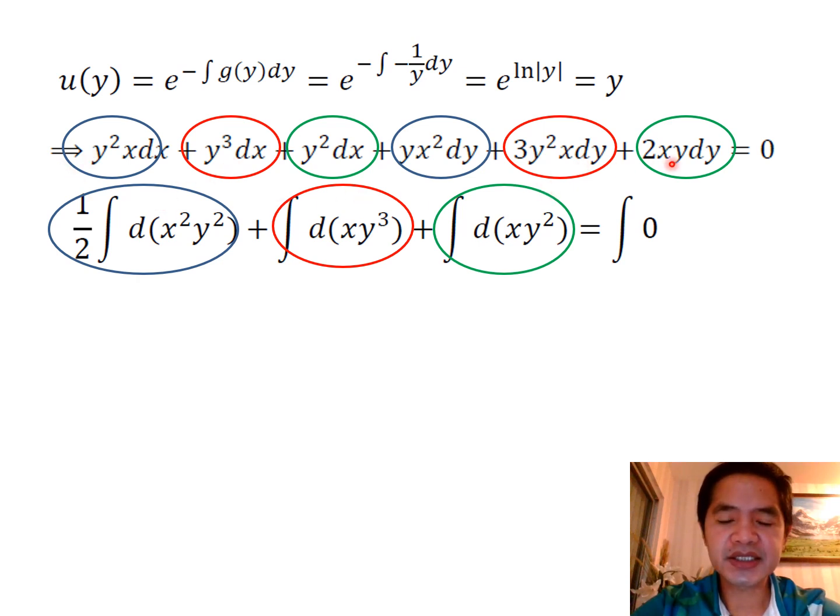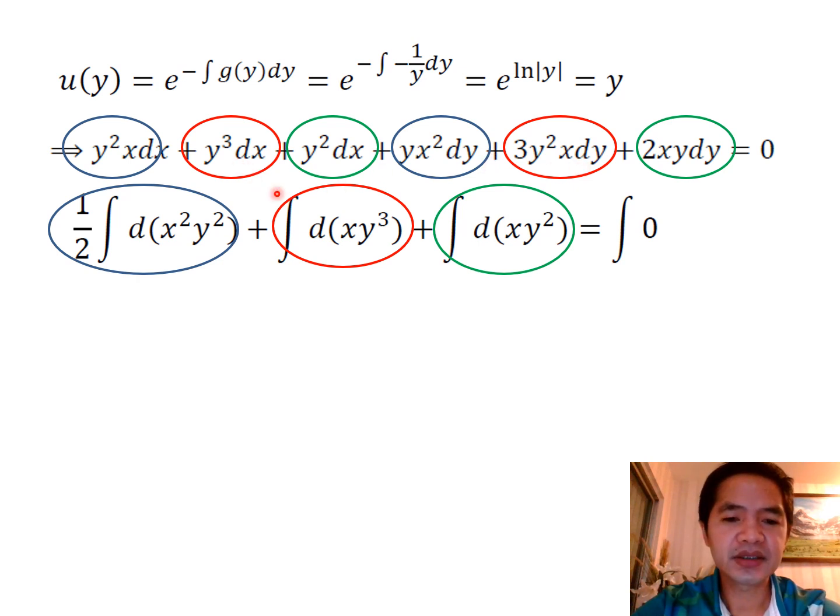In this case, I'll show you which one goes with which one. The deep blue one, y squared times x dx, goes with this form, x y times x squared dy.